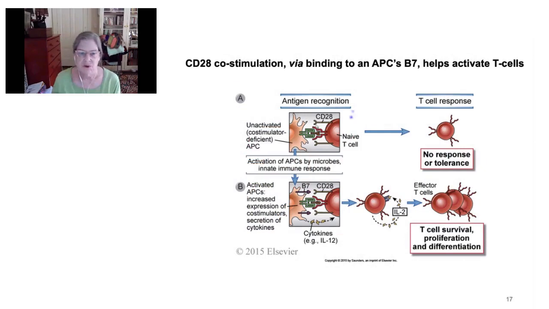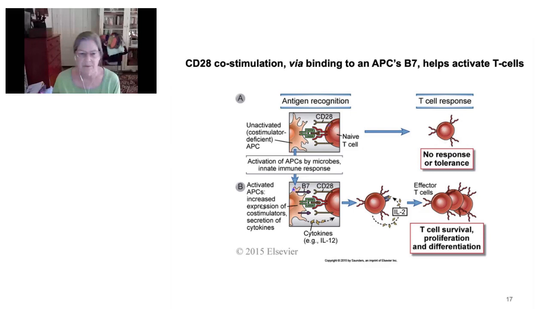Now, what happens if you don't have CD28 co-stimulation for a T cell? So this is a dendritic cell. And this is a naive T cell just starting out, and it's, let's say, CD4, and it's getting antigen. And the answer is that if the dendritic cell is not activated and therefore isn't upregulating B7, then this T cell is just going to kind of become anergic and eventually give up and die because it's not getting stimulated and kept alive.